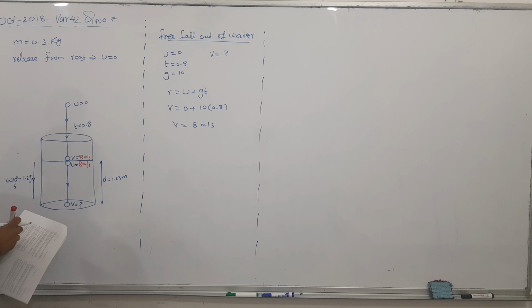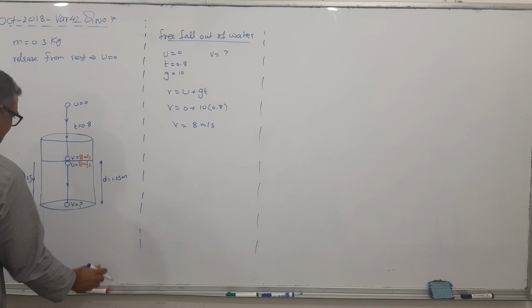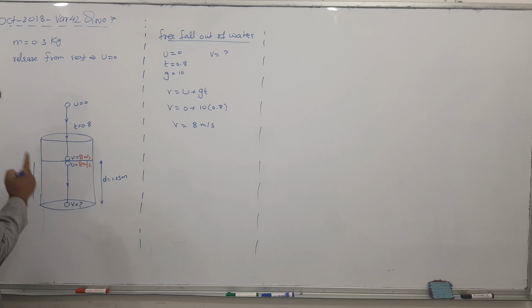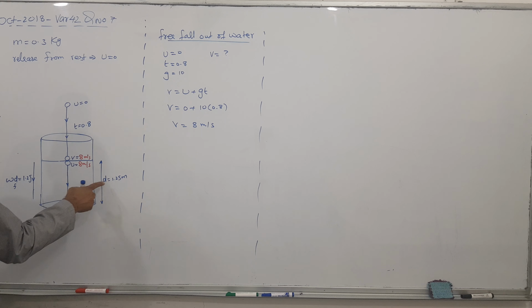Now this motion in water, this is u, and let's see what is given. He has given us that the work done against friction in the water is 1.2 joules, and the distance is given also. Using these two, I can find the friction force.